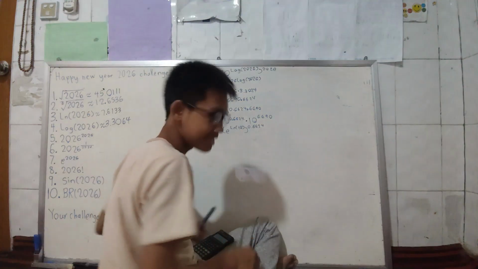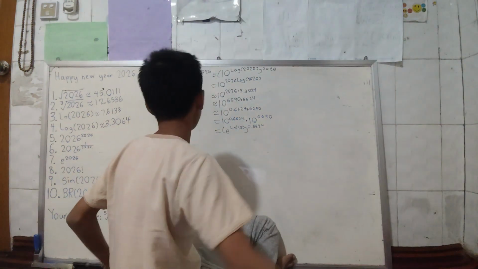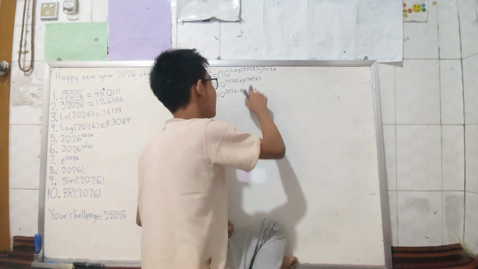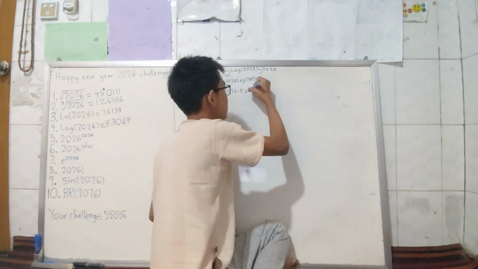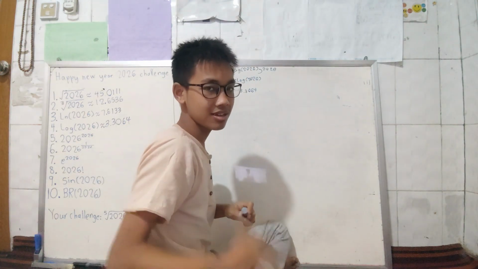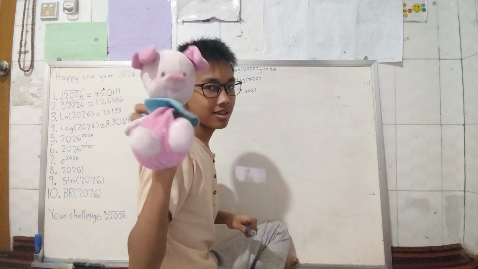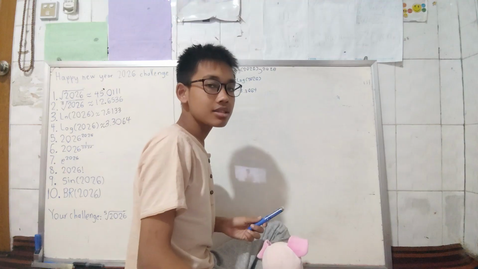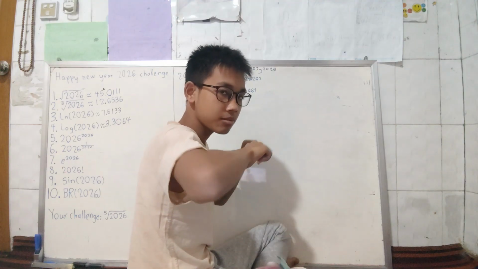Oh, I see. I wrote it wrongly, so I made a wrong calculation. That's not 3.3024, that's going to be 3.3064. I made a mistake, sorry, okay? Hey, I made a mistake, but anyway, let's continue calculating.